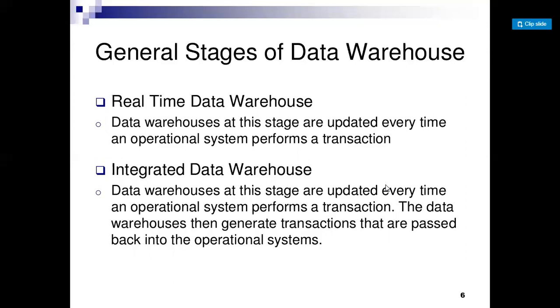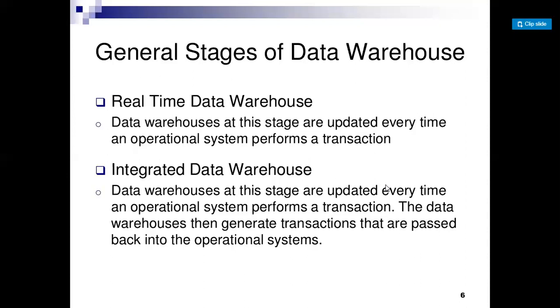And the next one is the integrated data warehouse. The data warehouses at this stage are updated every time an operational system performs a transaction, like the earlier one, but the data warehouse then generates transactions that are passed back into the operational system. After the operations, the data warehouse performs some actions and reports, or you may say it provides that information back to the operational system.